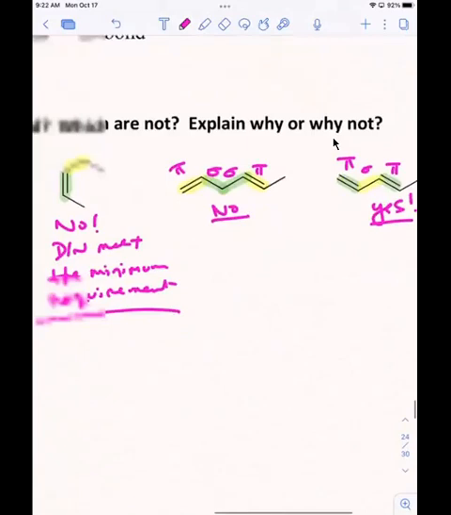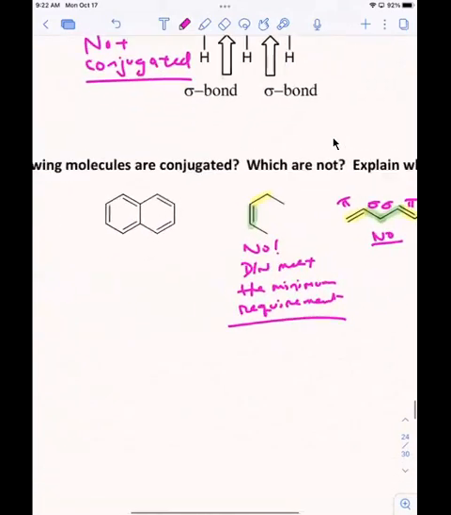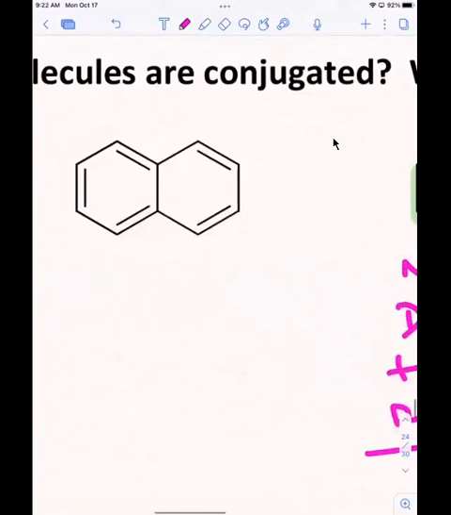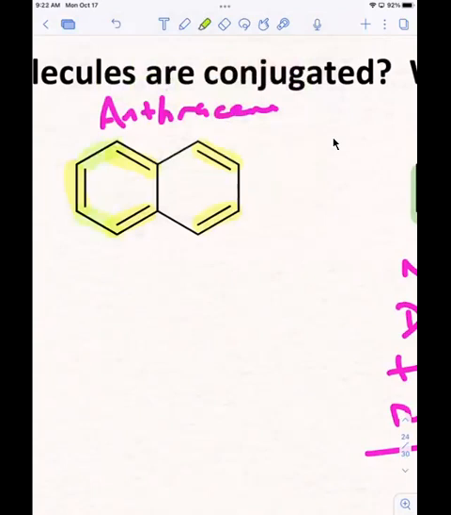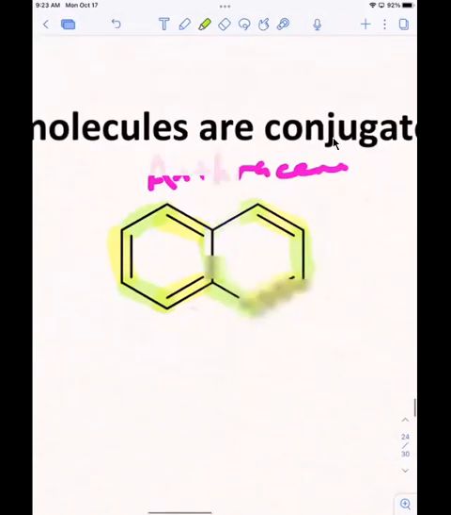All right, let's go to this example here. What do you think? This is another aromatic. This is anthracene. Yes, I agree.